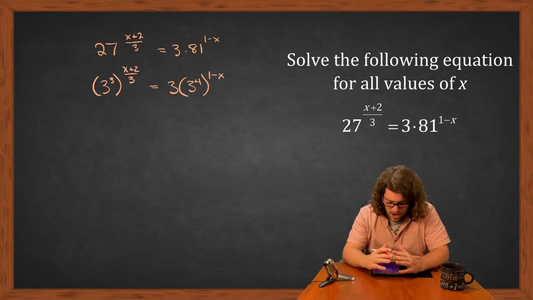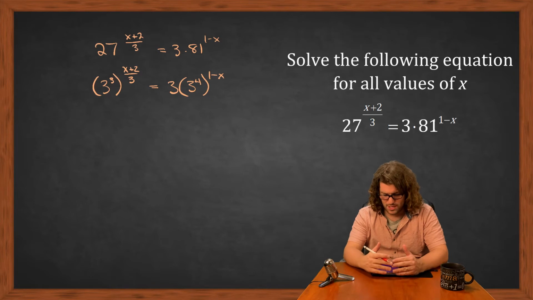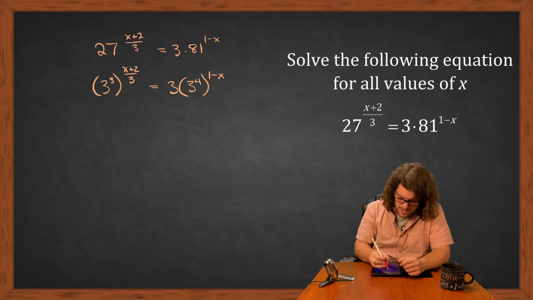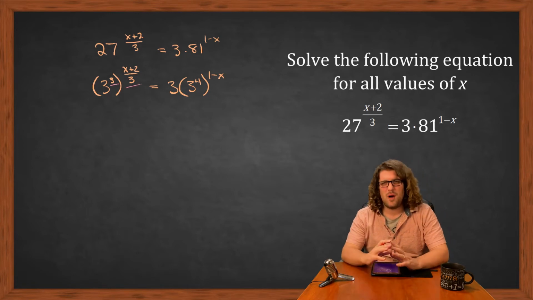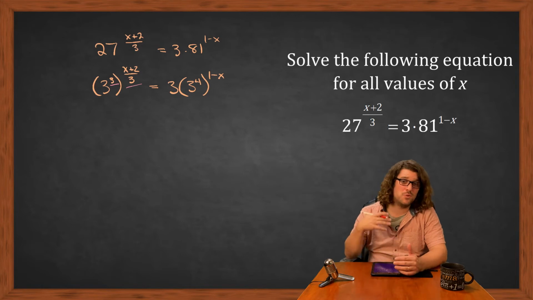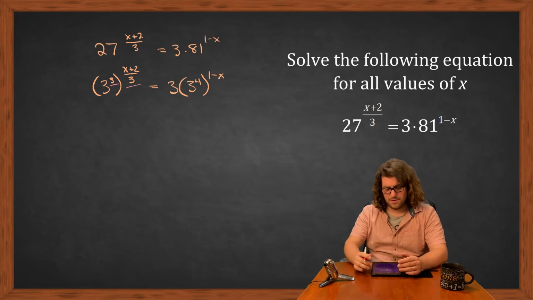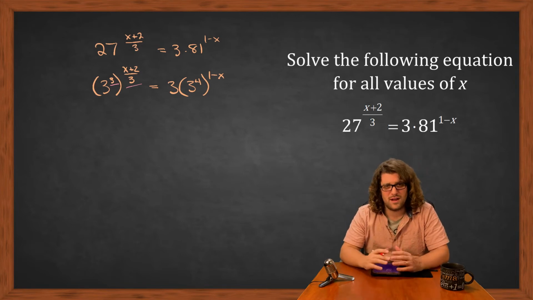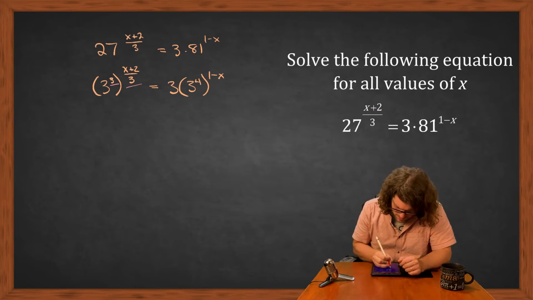Now, I can use some exponent rules to continue to pick away at this. So the first thing I'm going to do is to say that over on my left-hand side, I have a power with an exponent raised to another exponent, and there's a rule that allows us to take those exponents and multiply them together to create a single exponent instead.